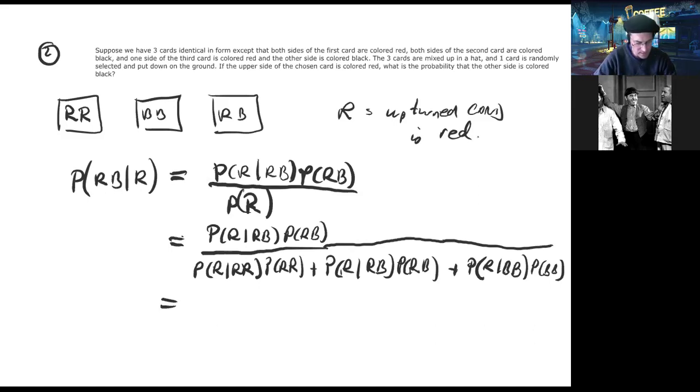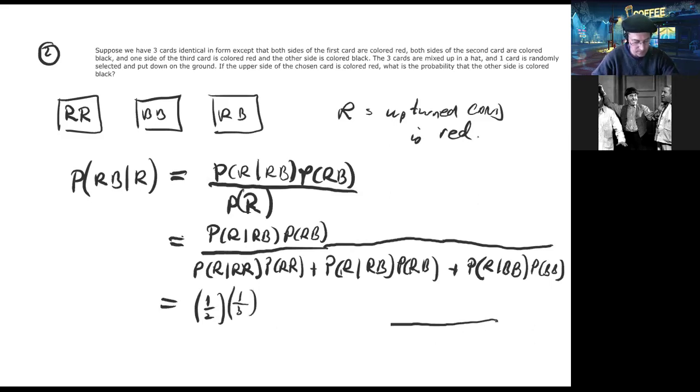Well, that's half the time, right? Half the time you'll see the red side of the card. What is the probability of RB? Well, that's the probability of drawing the RB card out of the 3 cards from the hat, so that's 1/3 of the time.